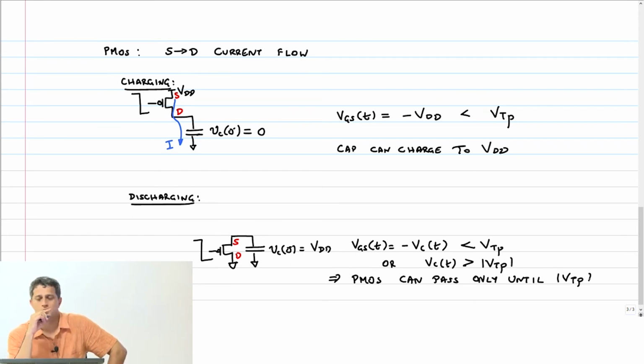Clear? Great. Now, what's the conclusion? We have to discharge with NMOS transistors and we have to charge only with PMOS transistors. Any other combination leads to either no rail to rail swing, and also it will be very slow.